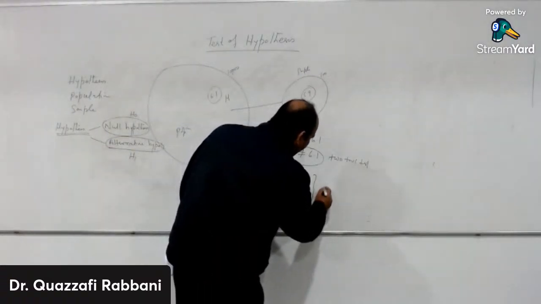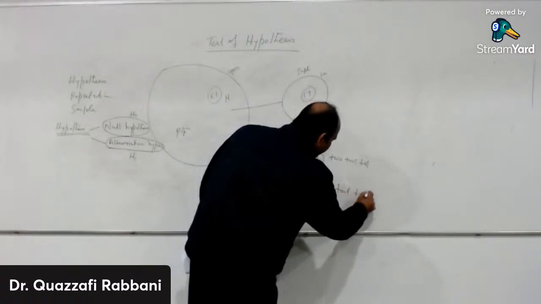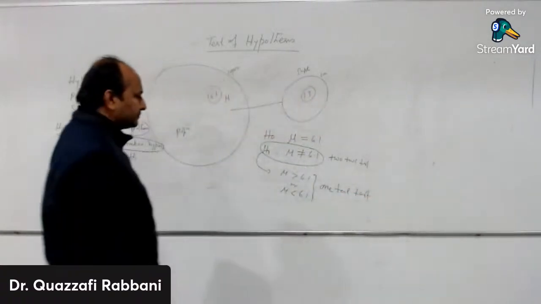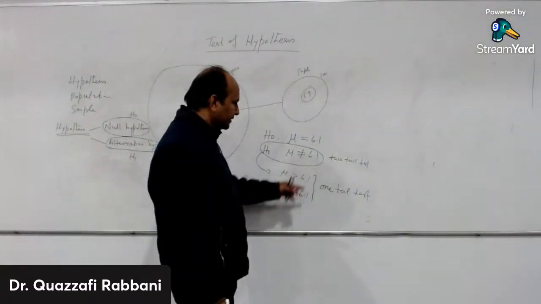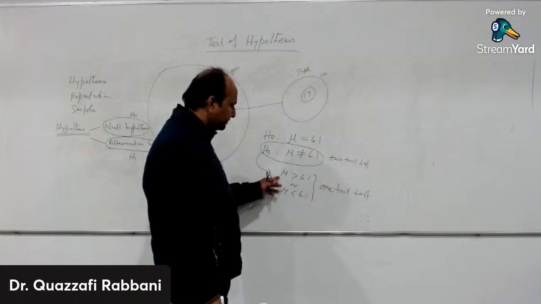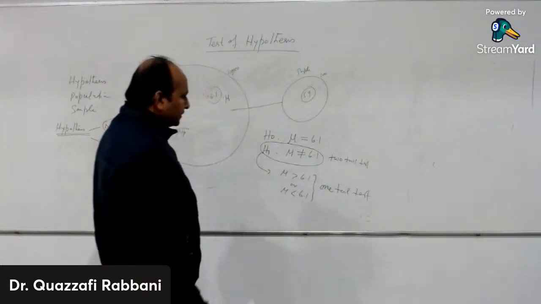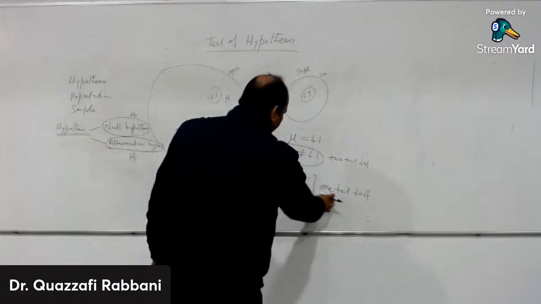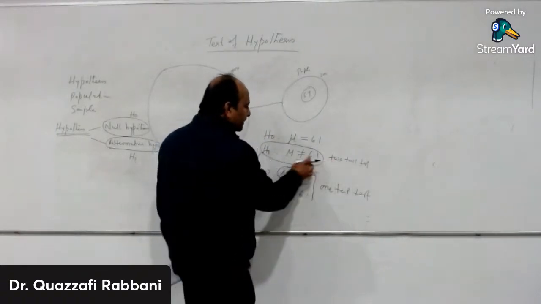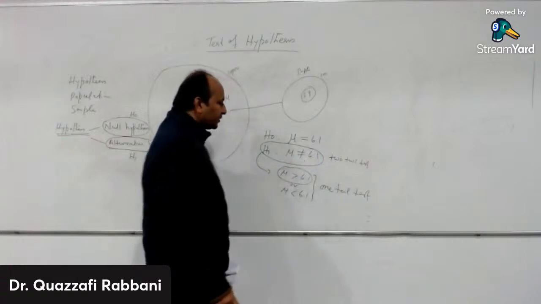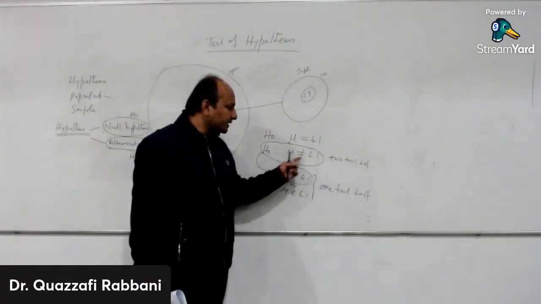These two are called one-tail tests. So either you can write mu not equal to 6.1, or either one of these, mu greater than 6.1 or mu less than 6.1. Here this is a one-tail test because you take either one of these, and this is a two-tail test in which there are two possibilities, that mu is greater than 6.1 or mu is less than 6.1.